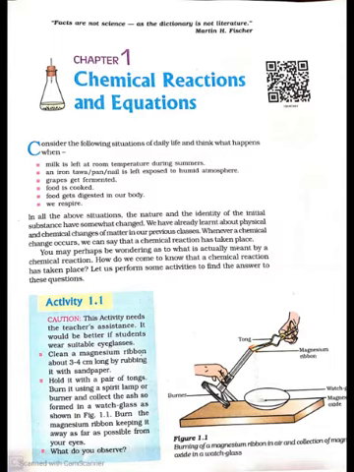Na2SO4 (sodium sulfate) plus BaCl2 (barium chloride) is equal to BaSO4 (barium sulfate) plus 2NaCl (sodium chloride). This is equation 1.27. In figure 1.9, formation of barium sulfate and sodium chloride.